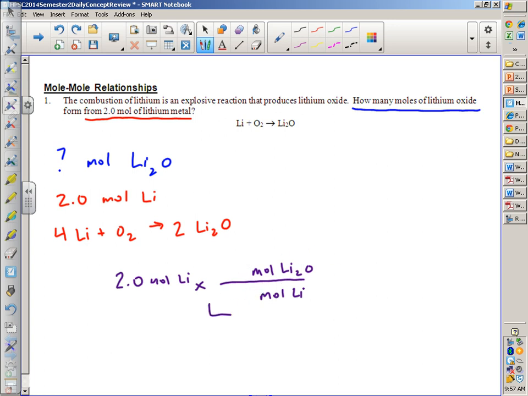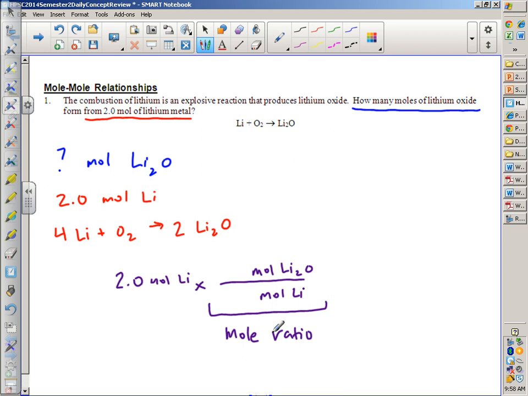This conversion factor is a key part to any stoichiometry problem. We refer to this conversion factor as the mole ratio, because it compares one part of the reaction to another part of the reaction. In this case, it's comparing one of the reactants to one of the products, which is fine. But it doesn't always have to be reactants to products.